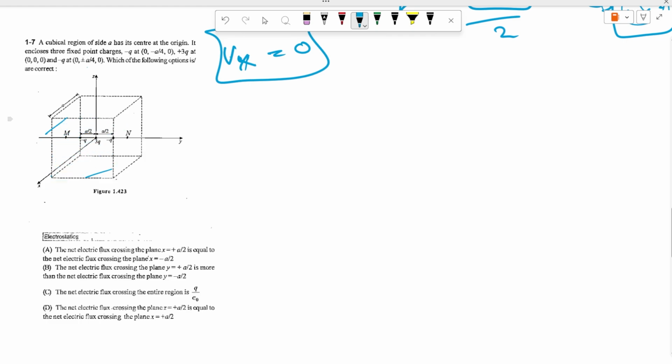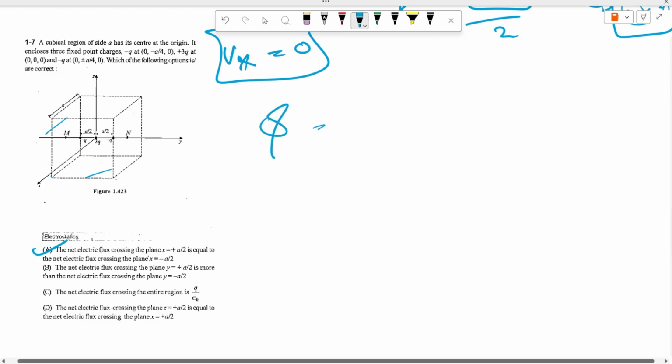So the net flux of this face is equal to the net flux of the former face, the face backwards, right? So yes, we already know that it is going to be equal. It is going to be q by epsilon naught 6. That's the expression for each face.